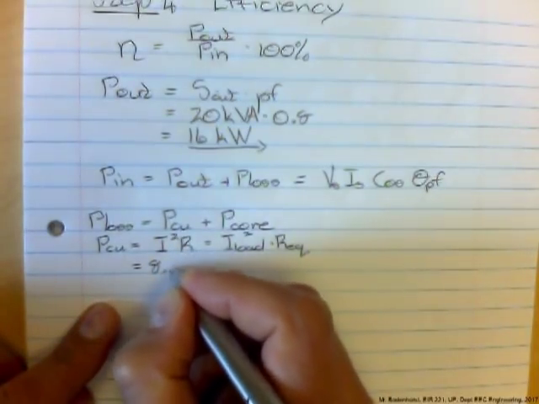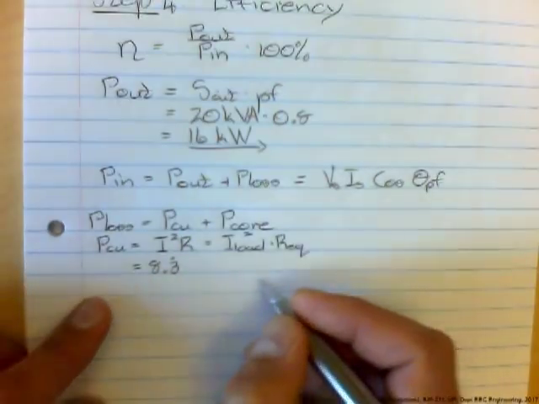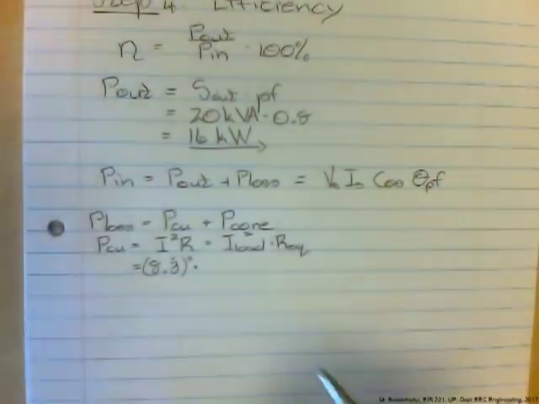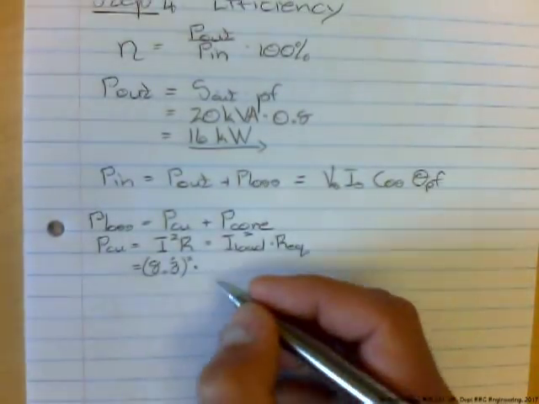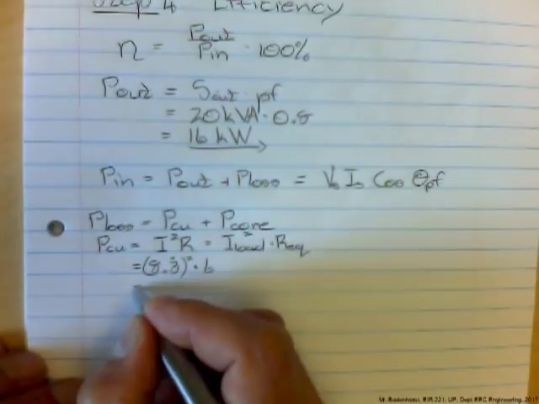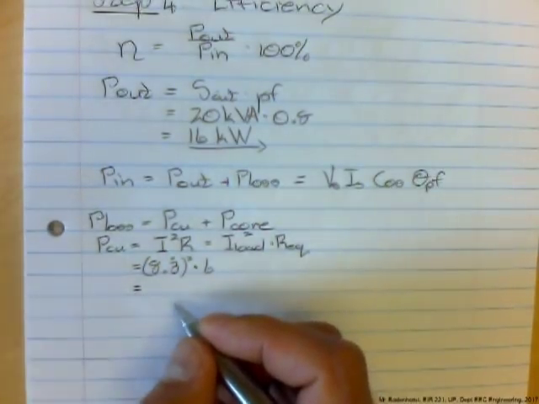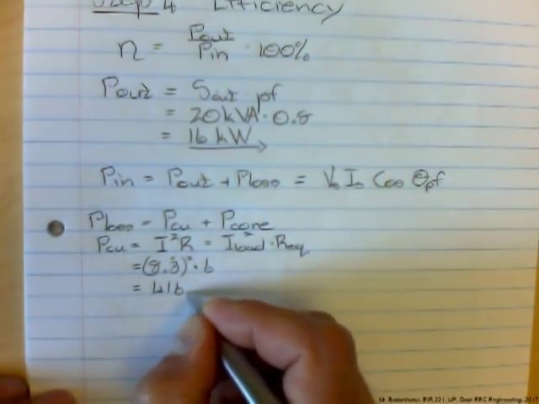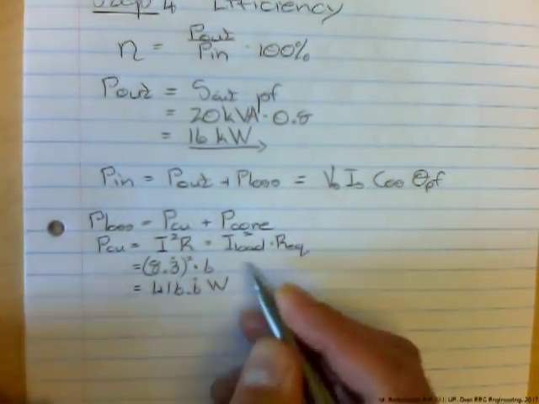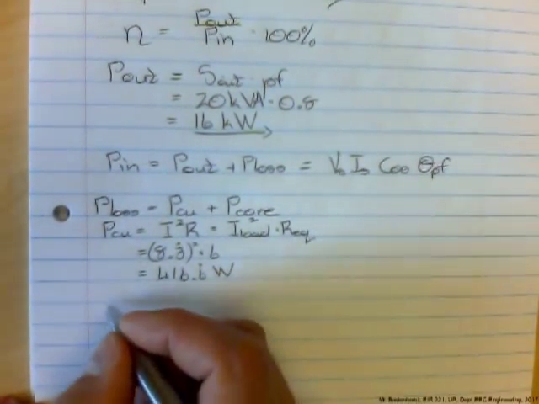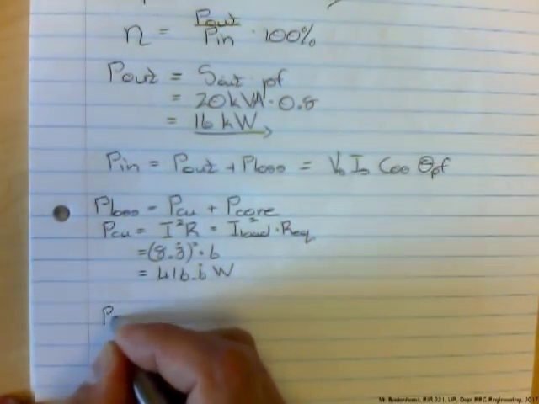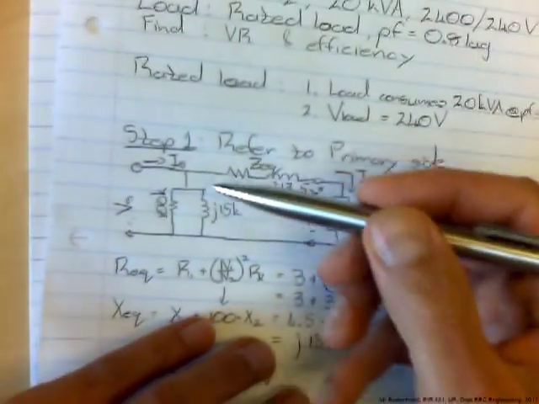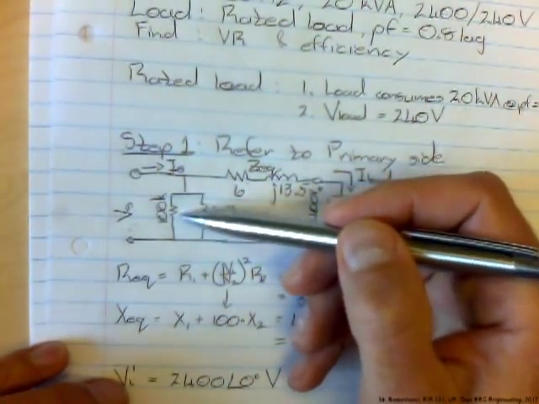So that is 8.33333 squared, and R equivalent is 6, so it's times 6, and then we get how much? I calculated that one. It's 416.6666 watts. So that gives me the copper losses. Then core loss is the loss that is happening in this section of the circuit.